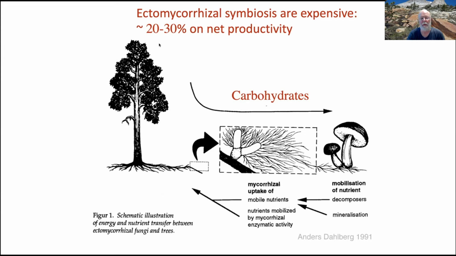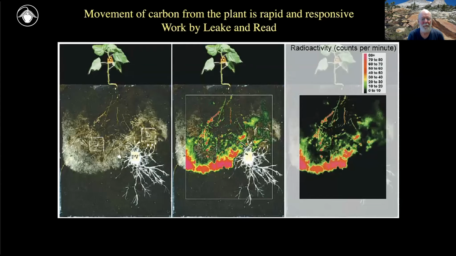And the estimates are that 20 to 30% of net primary productivity from these trees goes directly to the mycorrhizal fungi. That's a big tax. And I always like to point out that it's a good argument for tax, because in spite of it costing this much, it allows these trees to grow in places where nothing else can grow. So it's a good return on investment.